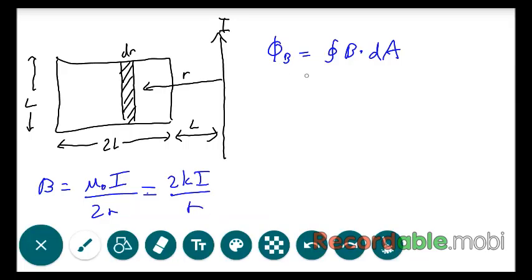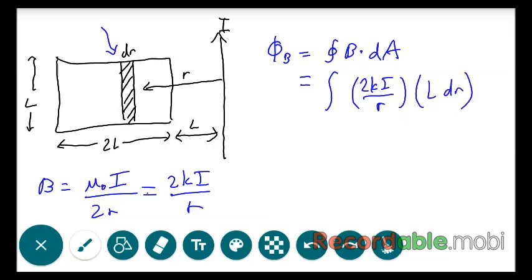Okay, so now plugging that into the equation, we get the integral of 2Ki over R, and then dA, the area that we're integrating, which is the area of the shaded region right there. Since that's a rectangle, that's just going to be L times dr, base times height.